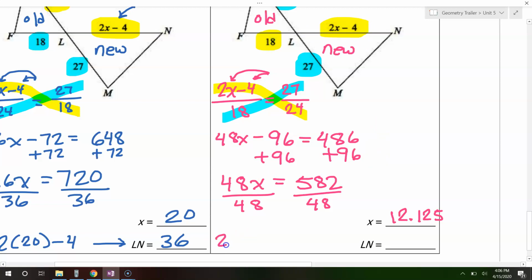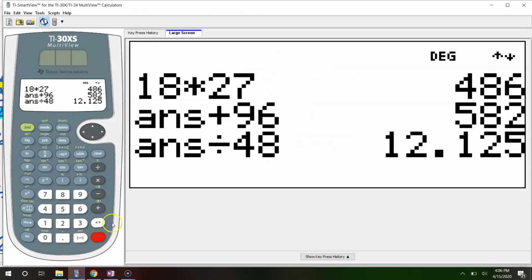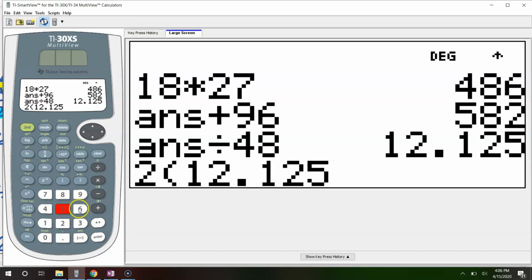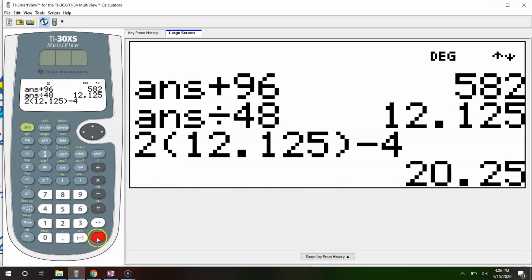So that's going to be 2 times 12.125 minus 4. So that's 20.25.